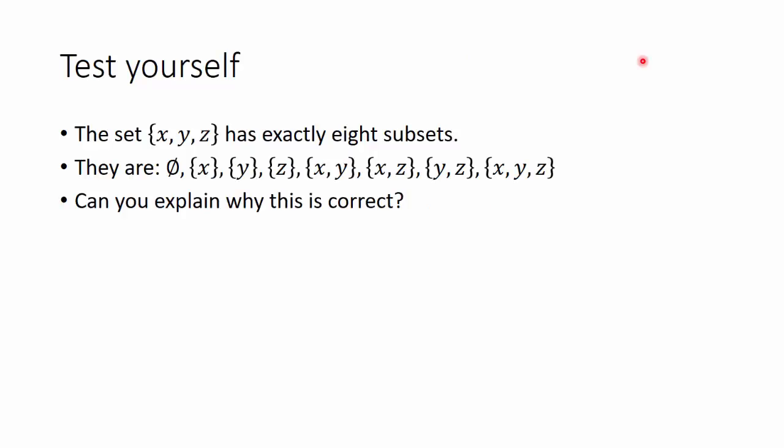So again, here's an opportunity to test yourself. Here's a set with 3 elements X, Y, and Z. This set has exactly 8 subsets, and those 8 subsets are the empty set, the set with 1 element X, the set with 1 element Y, the set with 1 element Z, the set with 2 elements X, Y, the set with 2 elements X, Z, the set with 2 elements Y, Z, and finally the set with 3 elements X, Y, Z. Can you explain why this is correct?